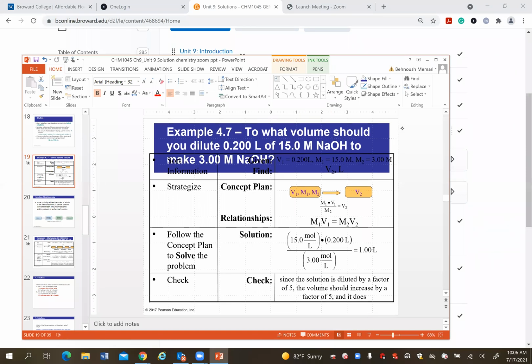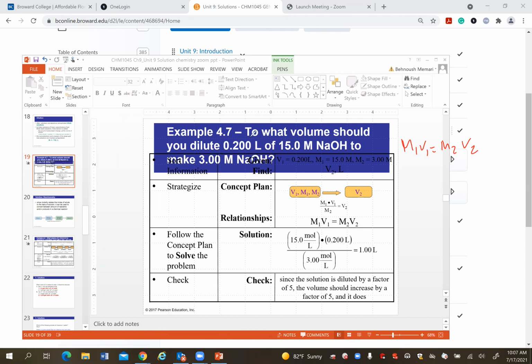We know that we are going to use M1V1 equals M2V2. So now, what is your M1? What is your M2? You have to read the information given in the question carefully in order to find these values and label them. It's very important to label.